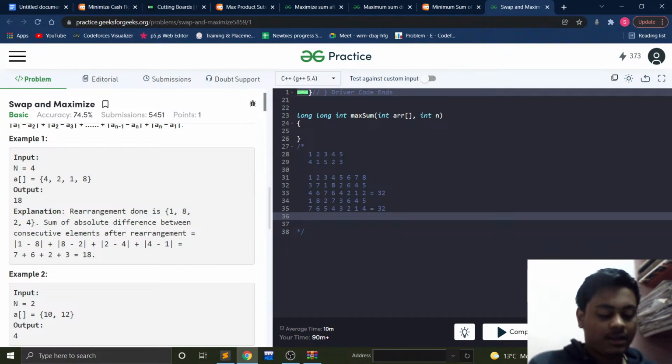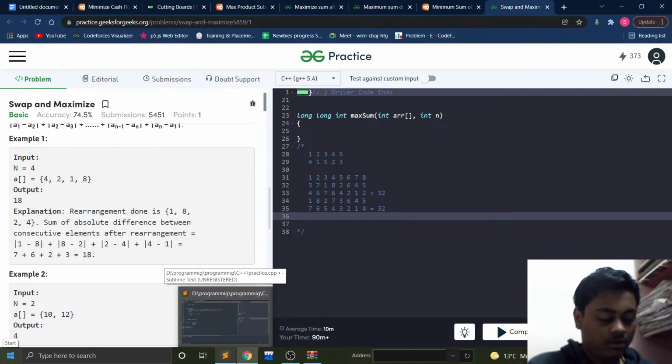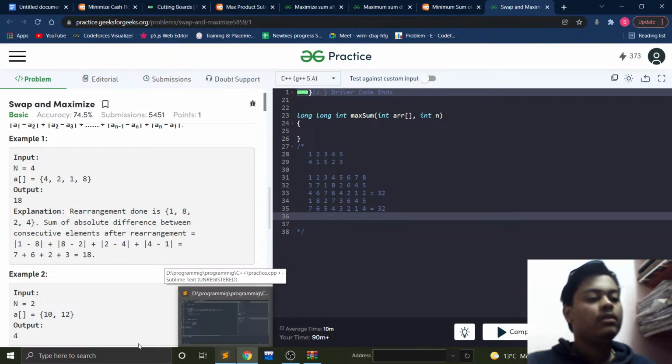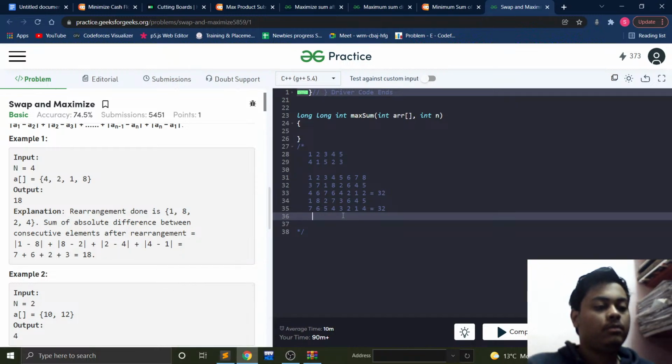Is this really a basic level question? Because I think there are a lot of things you can learn from this problem, and a lot of cases you have to consider before coming to a conclusion. However, four.